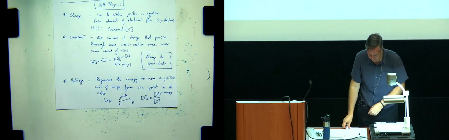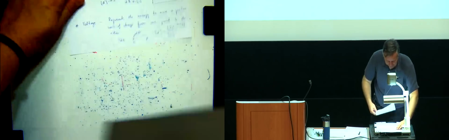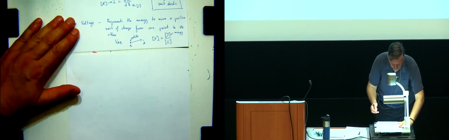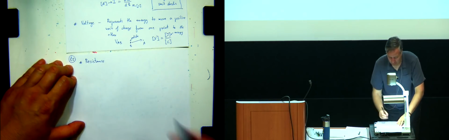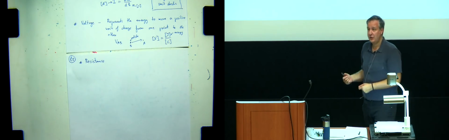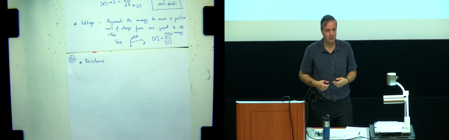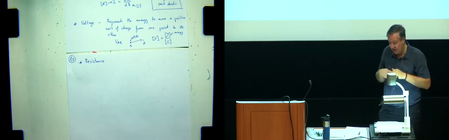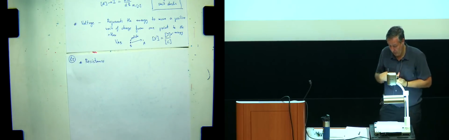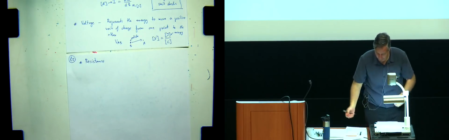Okay, great. The last element we're going to talk about is going to be resistance, or quantity. We already talked about resistor as an element, but resistance as an electrical quantity, we need to understand where it comes from.